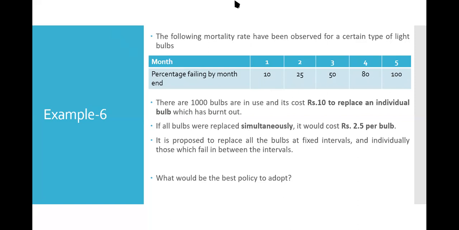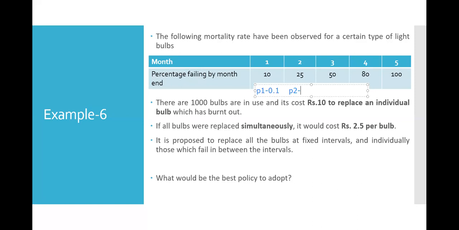Now if we want to represent the probability for the first month, P1 is nothing but 10%, which is 0.1. P2 would be 25 minus 10, because in the first month we already replaced 10 bulbs, so those 10 bulbs are not going to fail in the second month.